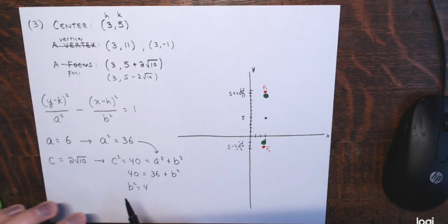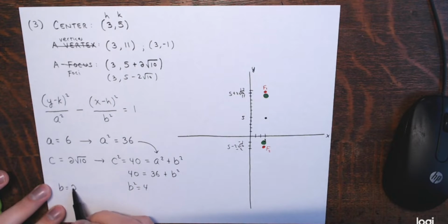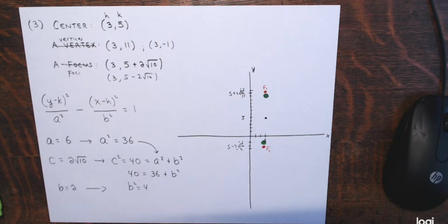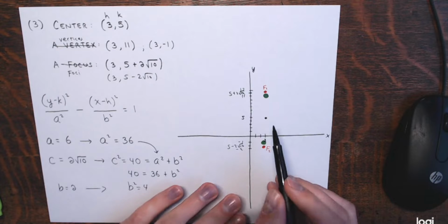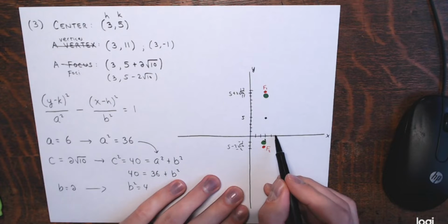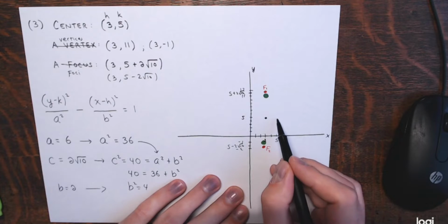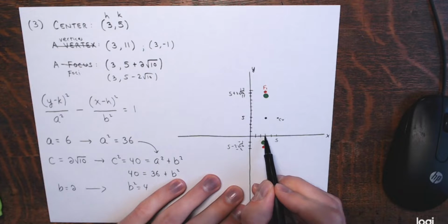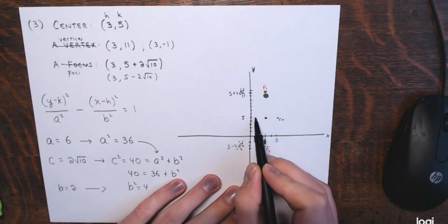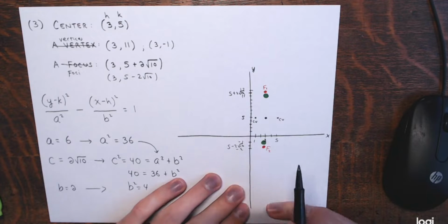And that means that b equals 2, if b squared is 4. So if I was to complete the drawing, the co-vertices would be 2 units to the right of the center, so one's at (5, 5), and I'll put CV for co-vertex. And the other one's 2 units to the left of center at (1, 5). There's another co-vertex.